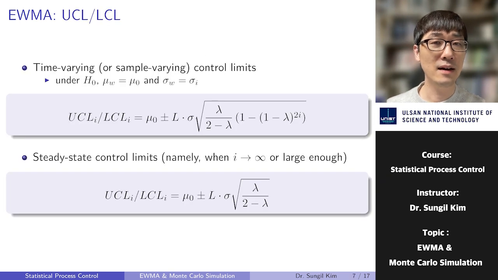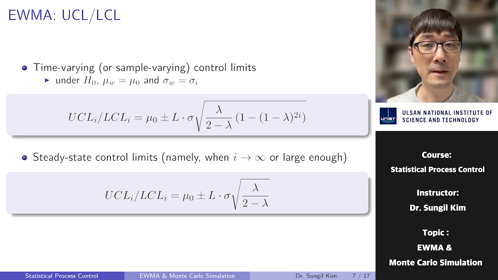Based on the expectation and variance of zi, we can construct the EWMA control chart using the general control chart model as shown in this slide. Consequently, there are two versions, time varying control limit and steady state control limit.